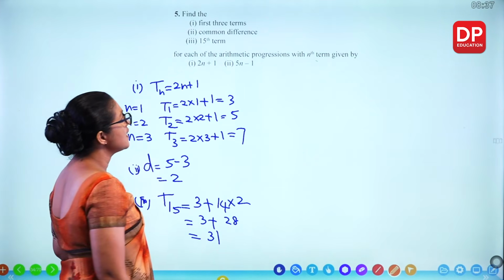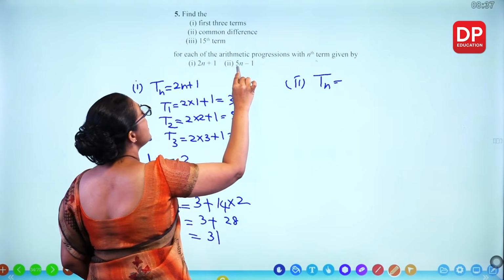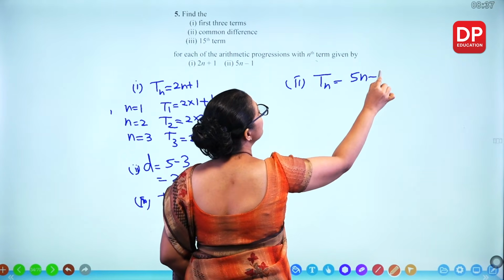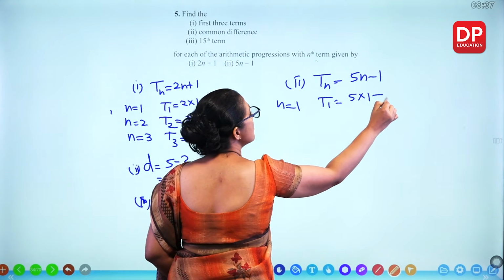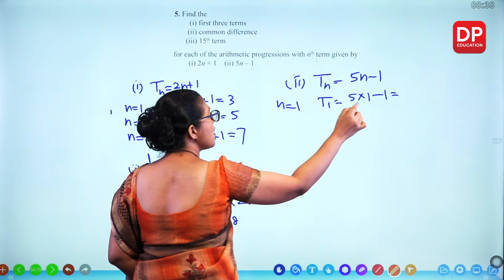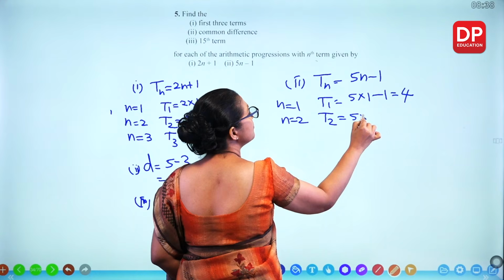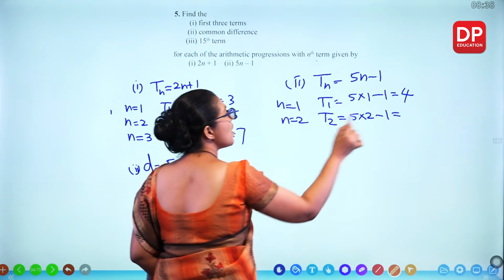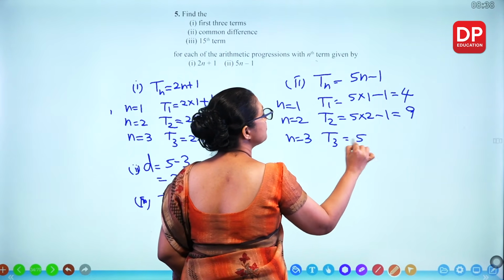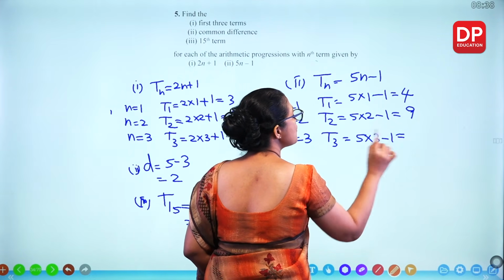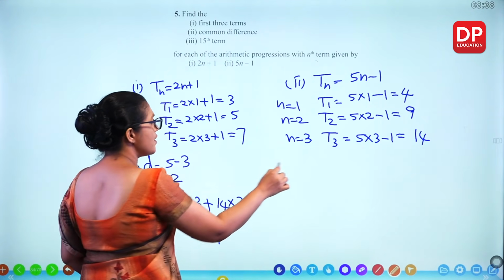Now second part, your nth term is 5n minus 1. How do we find the first term? Substitute 1. 5 times 1 is 5, 5 minus 1 is 4. N equals 2, you get the second term. 10 minus 1, 9. N equals 3, you get the third term. 15 minus 1, 14. Those are the three terms. Find the difference.